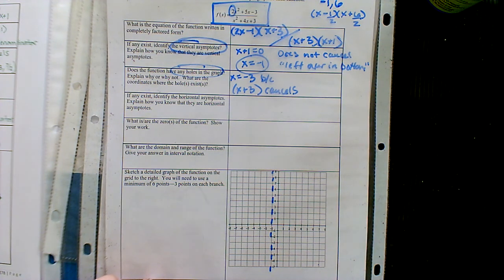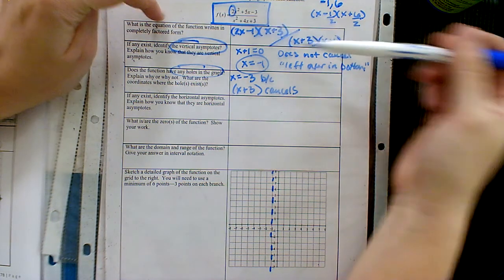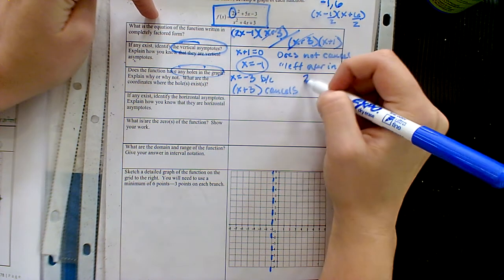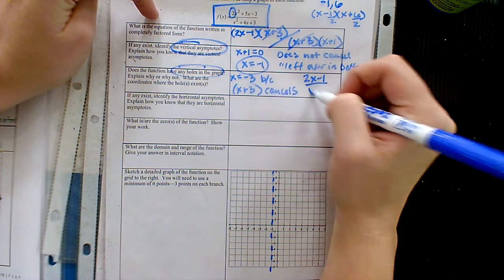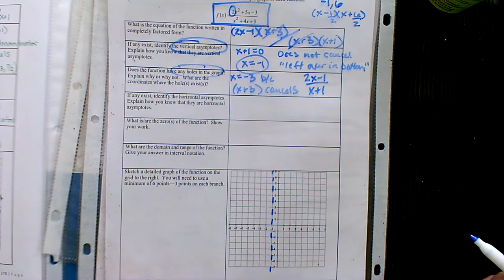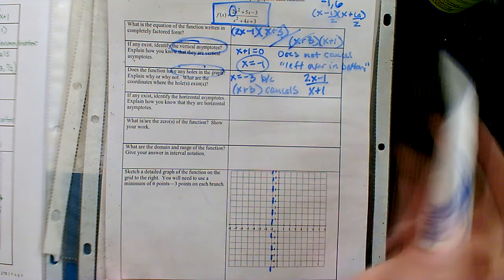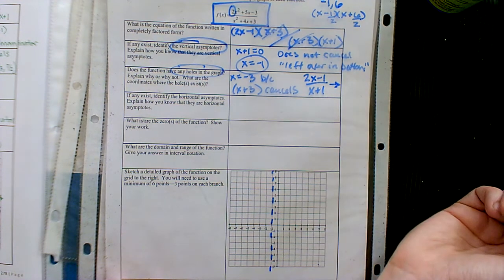Okay, so if we actually simplified the factors, we know x plus 3 goes away. We're left with 2x minus 1 up top and x plus 1 on the bottom. Let's go ahead and plug in -3 into this simplified fraction.